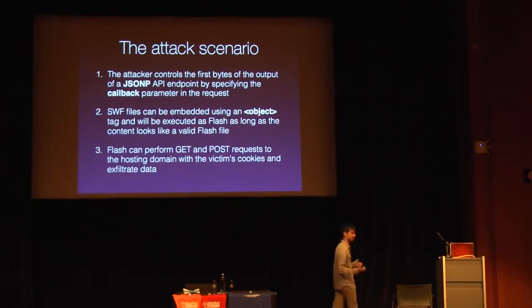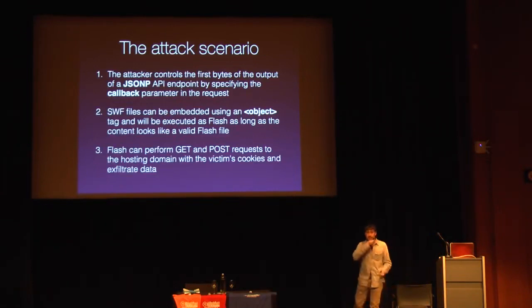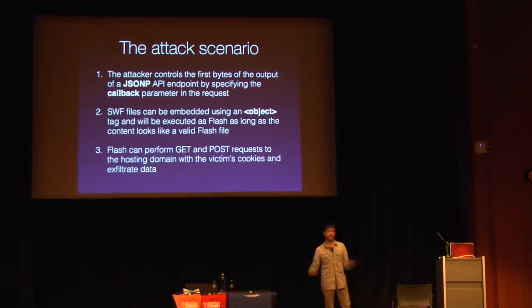JSONP allows an attacker to specify the first bytes, but we need them to be alphanumeric. So if we create an HTML page on attacker.com with an object tag with content type application/x-shockwave-flash and specify victim.com/JSONP endpoint with the callback being the Flash file, it's exactly equivalent to having that Flash file hosted on victim.com.